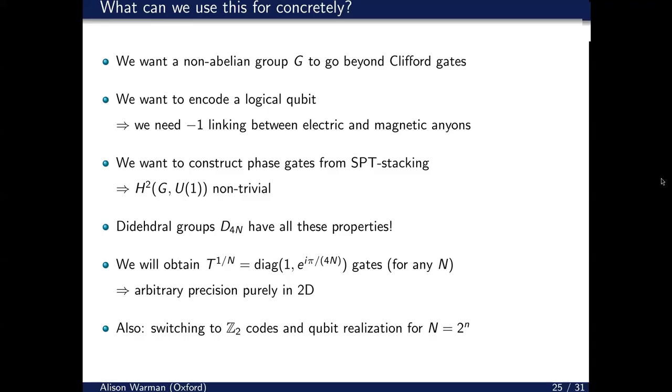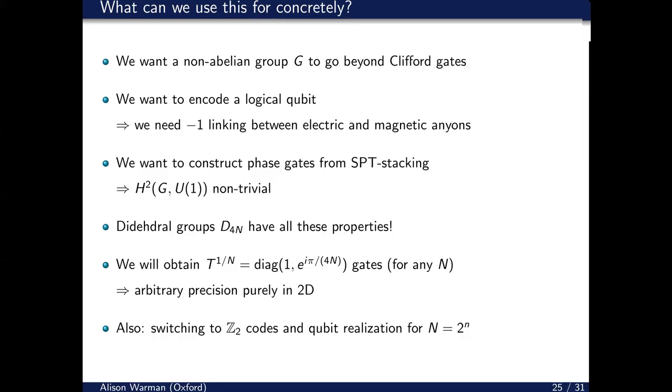So we need non-trivial second cohomology for this group. And luckily for us, dihedral groups have all these properties. And we can use them to construct these phase gates at arbitrary precision purely in 2D. And it's actually even better because the dihedral groups also admit very natural code switching to Z2 based codes.